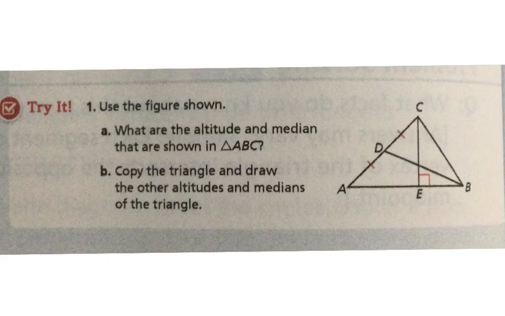Okay, the second part, let's find the median. So again, remember, a median has to start in an angle and go to the opposite side, bisecting it. So pick a number 1 through 5. It's 5. Pick a number 1 through 4.